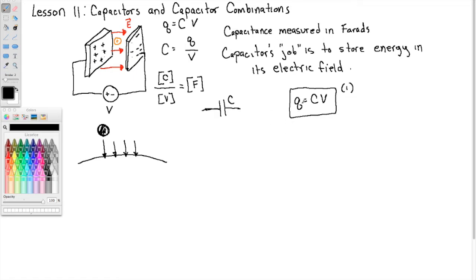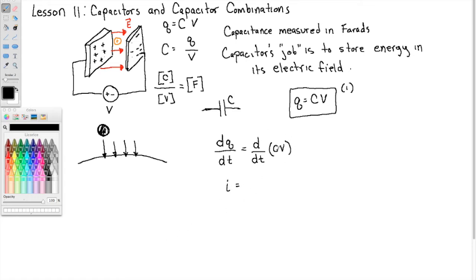So we've got charge, and charge is related to current in that current is the charge rate of change. So if I took equation 1 and I took the time derivative of both sides, I would have this. Now on the left, dq over dt, that's the rate of change in the charge, right? That's current, I, equals.